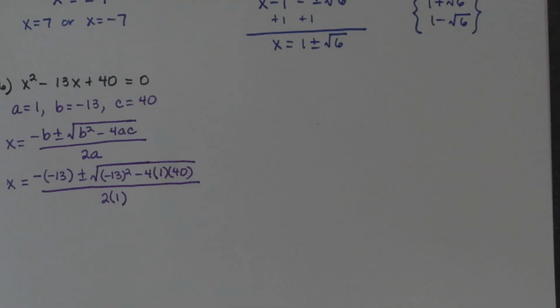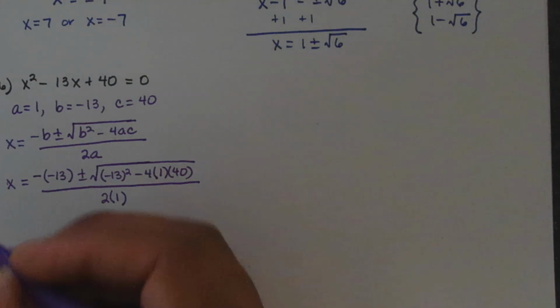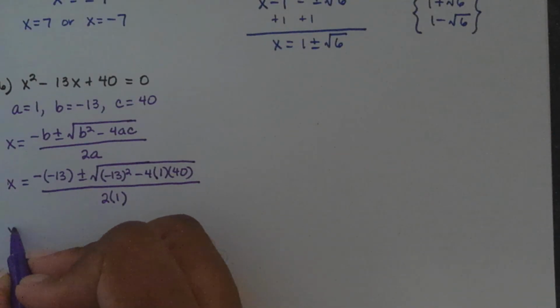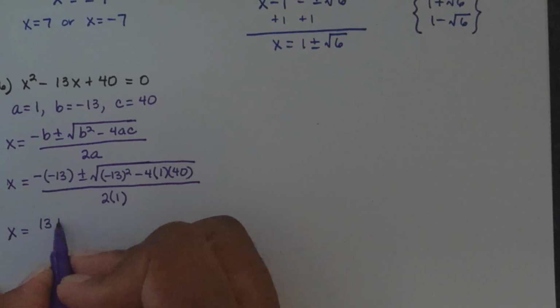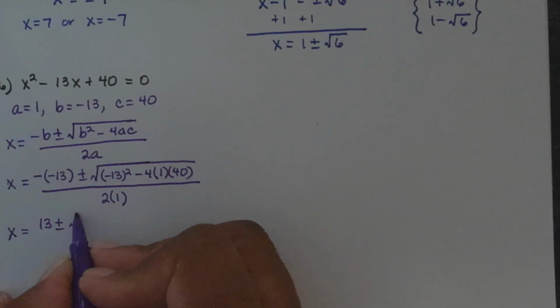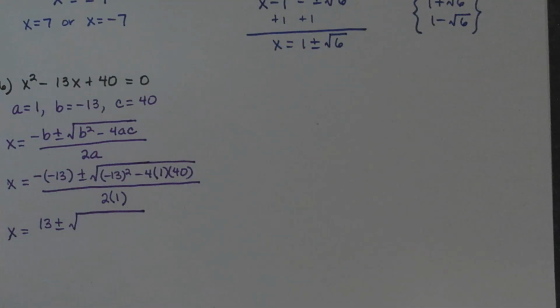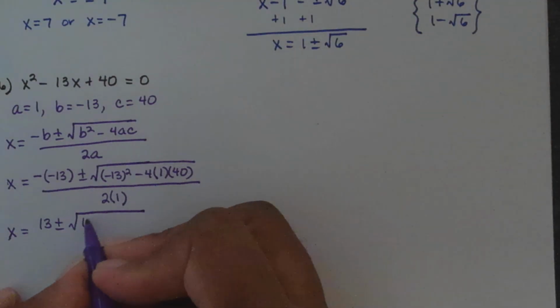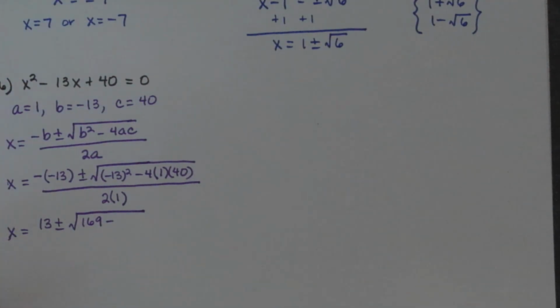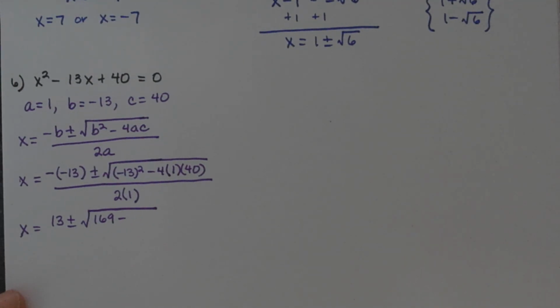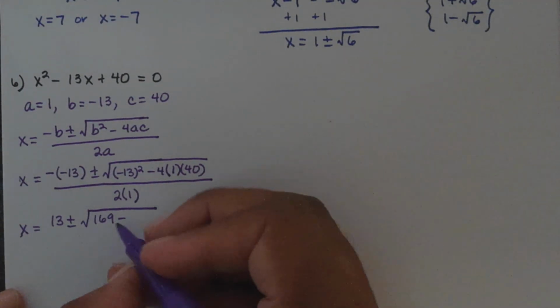So now let's simplify what's in the numerator. Negative of negative 13 is just 13, plus or minus. What's negative 13 squared? 169. Negative 13 times negative 13. Minus, what's 4 times 1 times 40? 160.